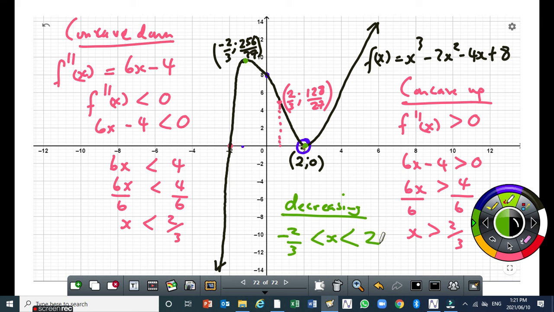For what values of x is the graph decreasing? Okay? It is decreasing when the gradient is negative. I just want to remind you that I've already studied interpretation. That's what's called interpretation now. So once you can sketch, you should be able to interpret your graph.